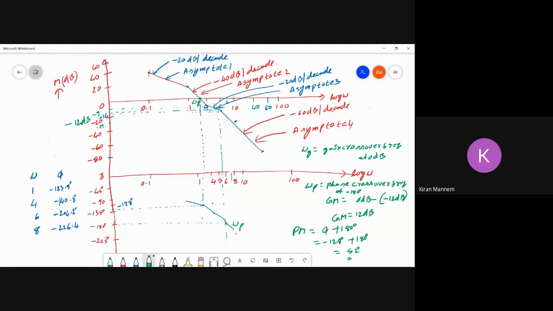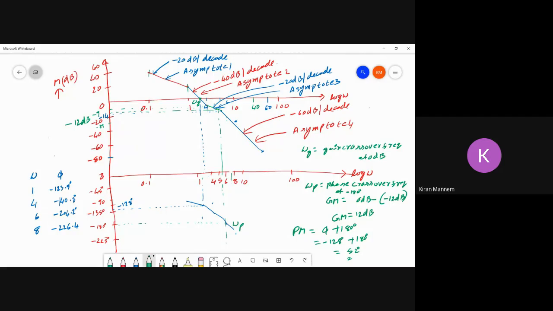Next one, let us add the asymptote 1 to the plot of the factor 1 by 1 plus j omega. So the corresponding corner frequency omega 1 is equal to 1 only. Since this factor contributes 0 dB for omega less than or equal to 1, the resultant plot up to omega equal to 1 is same as that of the asymptote 1.